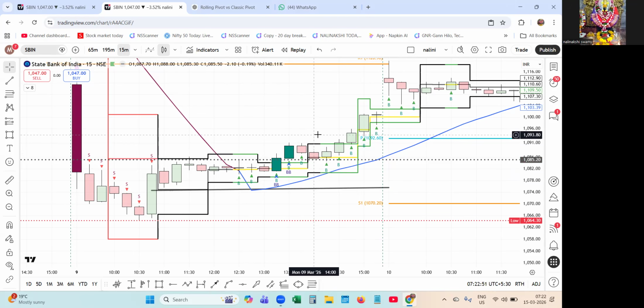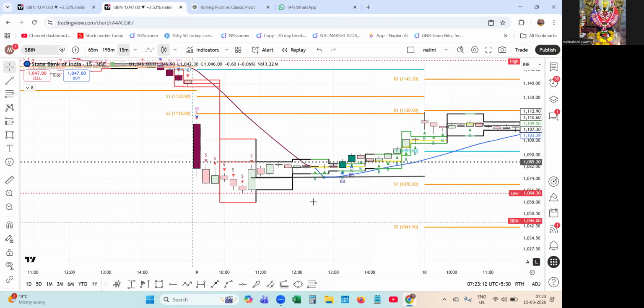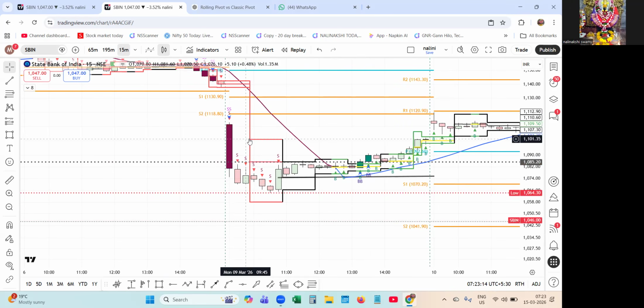When price flips above the Gann HiLo, it signals a change in control. When it flips below, it signals bearish control. So the rolling pivot tells the location of balance and Gann HiLo tells the direction of movement. This combination becomes very powerful. See, with the rolling pivot, can you see what these dead pivots are doing?